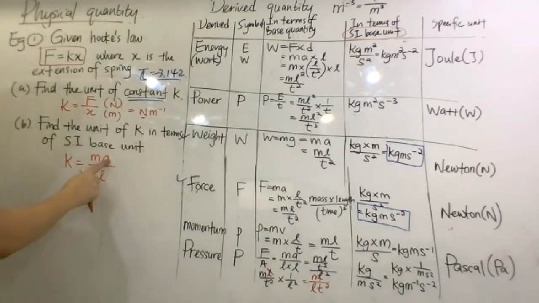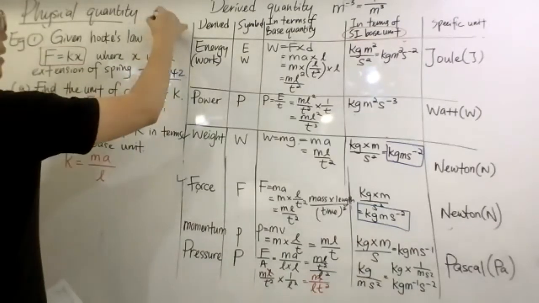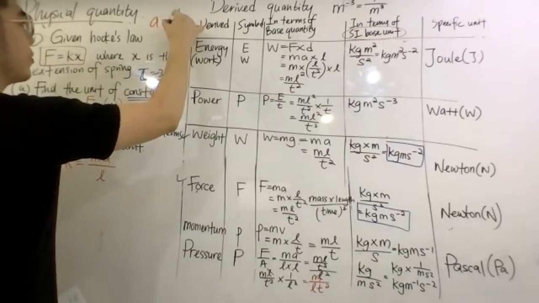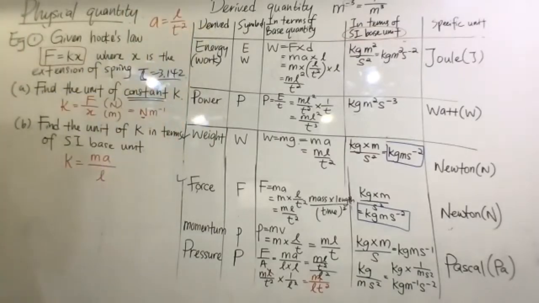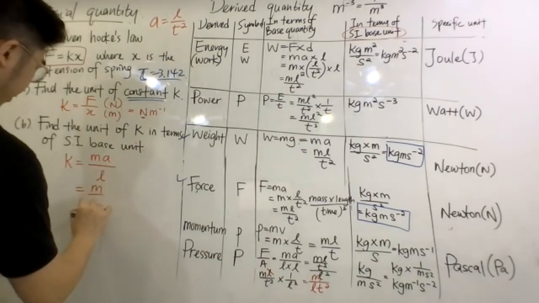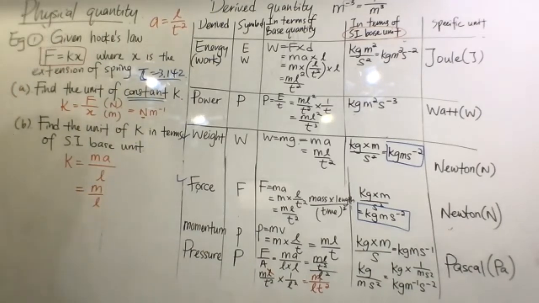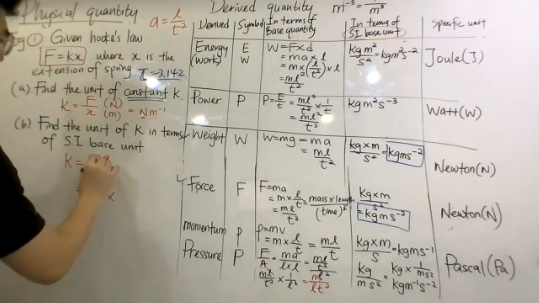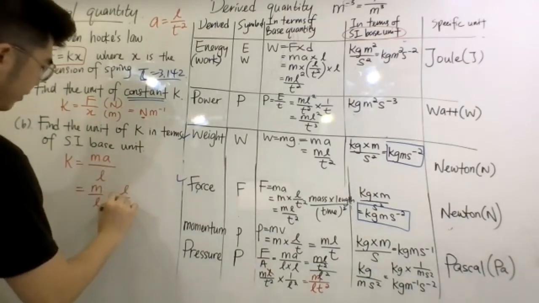Now same thing, your acceleration, A equals to L over T squared. That is in terms of the base. So here, M over L times A equals to L over T squared.